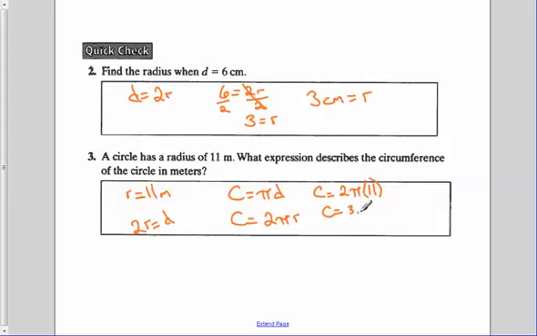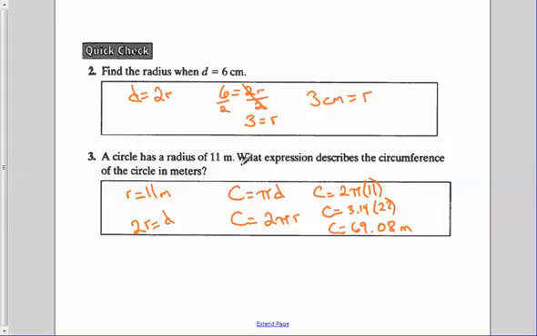So for the circumference, we'll substitute 3.14 for pi, times 22. When I multiply 3.14 times 22, I get 69.08 meters for our circumference.